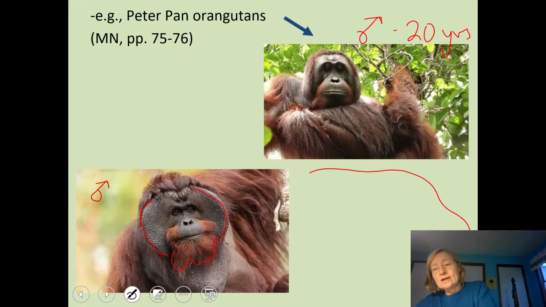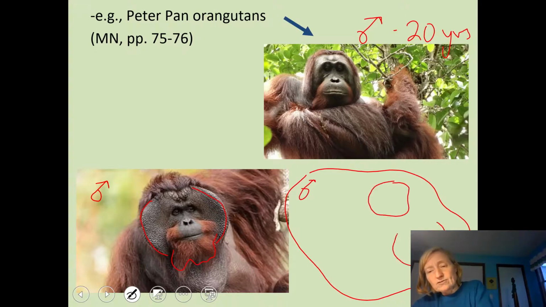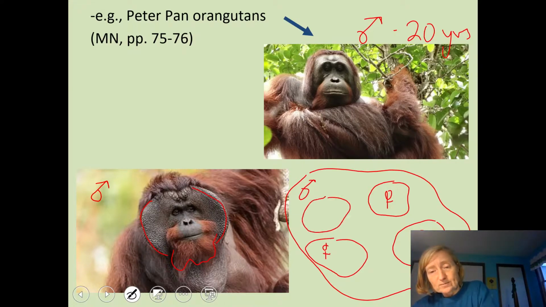There will be likely one large dominant male in a given area, and then there'll be some subgroups where you've got a female living with kind of her relatives. All of her offspring, the ones she's still nursing, the ones she's weaned, including male offspring, etc. Okay, so you get this kind of big group like that.